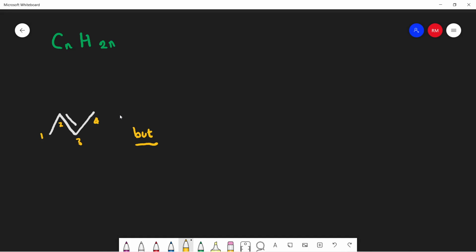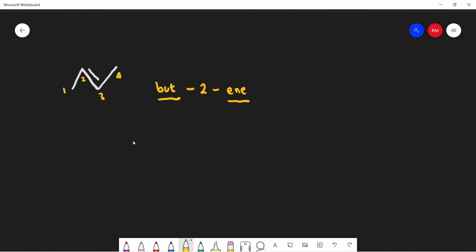Remember, it will have the but- for the 4. Then we identify which number the double bond is on. And as we can see, the double bond is on the second carbon here. So we have but-2. And because it's an alkene, we have the suffix -ene. And here we are easily able to identify this skeletal formula as butene.